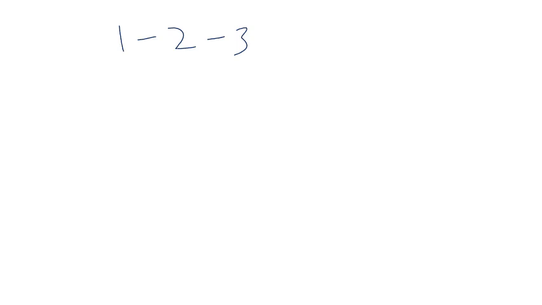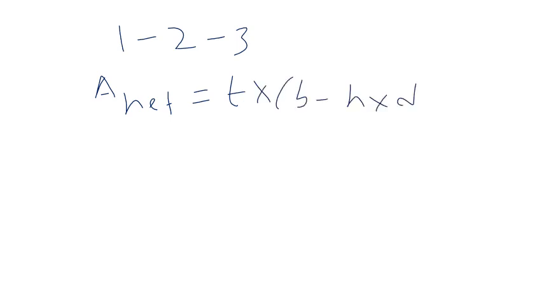Then we know the formula for this. A net will be equal to t into b minus n into d plus 1 into s square by 4g.